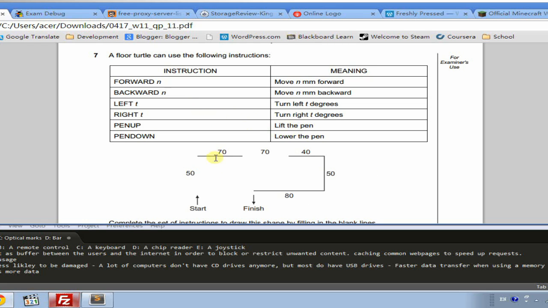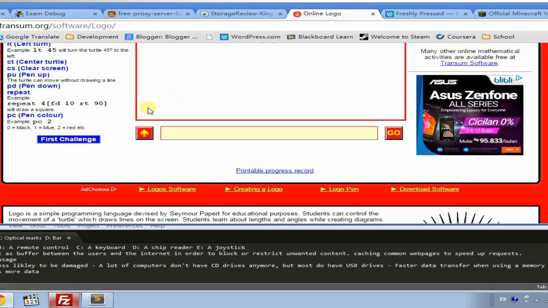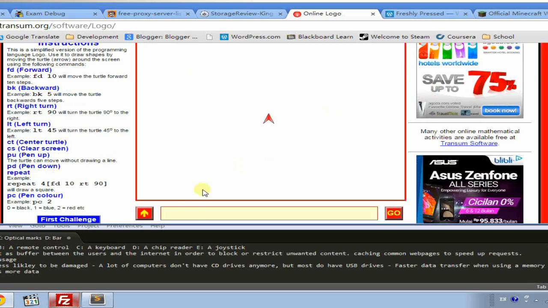Now, if you're wondering what this is all about, you could try this website, transom.org software/logo, and you see this is an online one. A floor turtle is more a physical one, but this will work fine. So we give this instructions like forward 10, and it will draw depending on what we tell it to do.